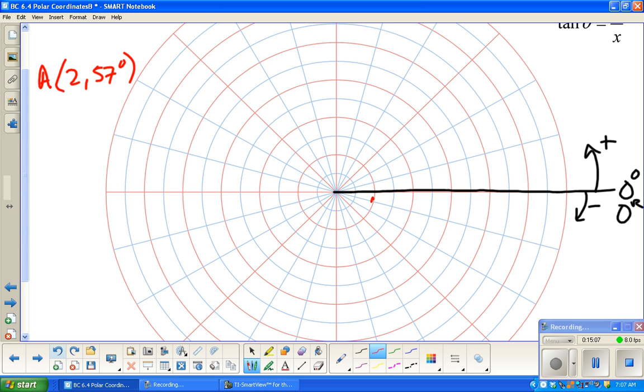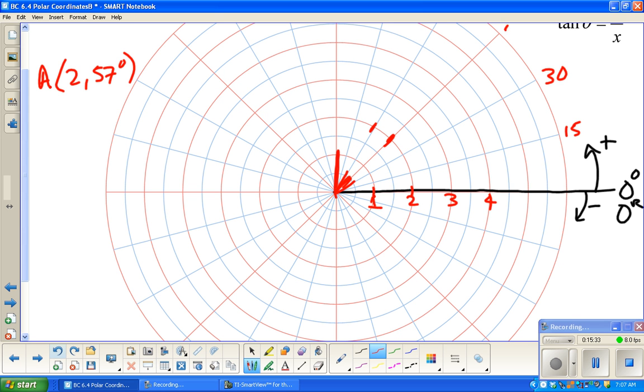So I'm going to call this 1, 2, 3, 4, etc. So I can come out 1, 2, and go to 57 degrees. Well, this would be 45. These are marked out. Now, if you notice, this is 90, and so halfway would be 45, and these would be 30. So each one of these little guys is 15 on this particular setup.